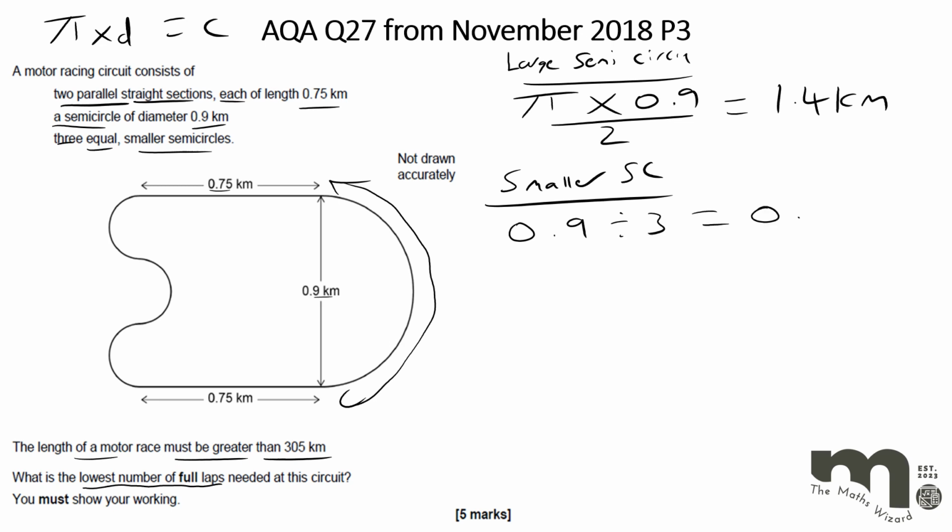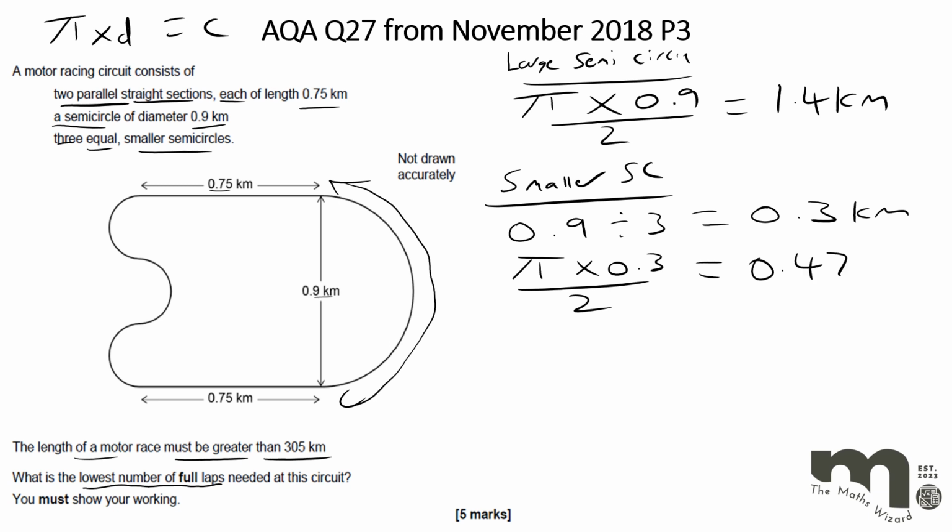So then we can do pi times 0.3 divided by 2. So that's going to give us 0.47, and this is to two decimal places.